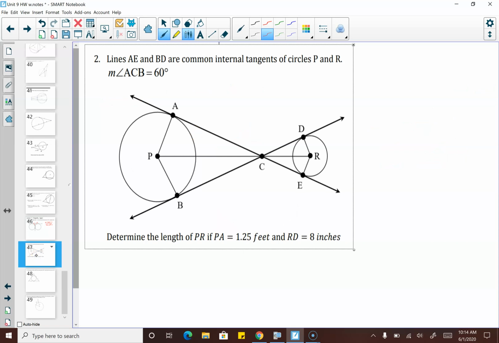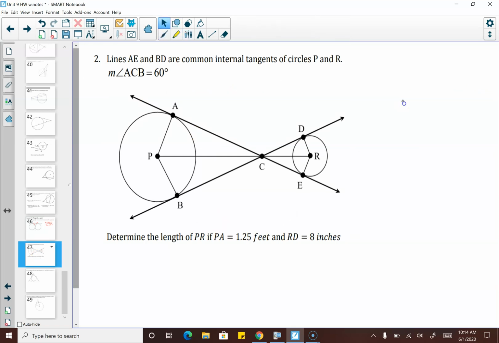In number 2, lines AE and BD are common internal tangents to circles P and R. And the measure of angle ACB is 60 degrees. So ACB, that whole angle here is 60 degrees.